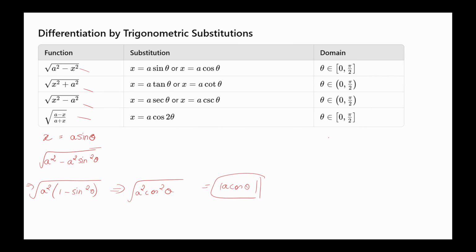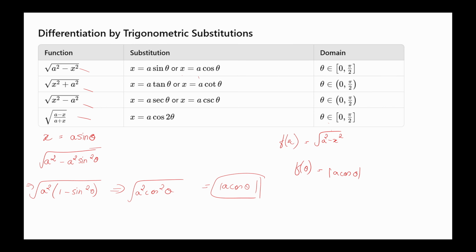Now finding out the differentiation of this function, it is going to be very easy for you. Initially my function was defined in x, right? A square minus x square. Now my function would be defined in theta. Since this was my f of x, my f of theta would now become this value.